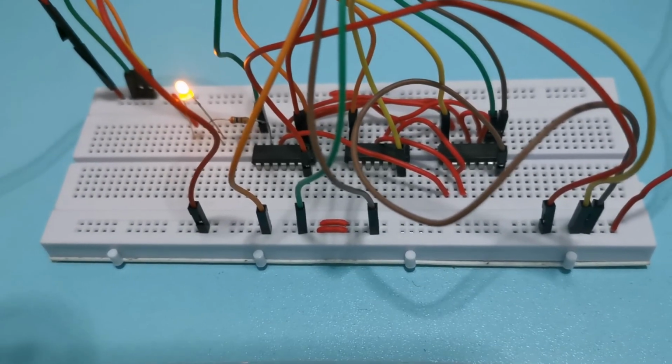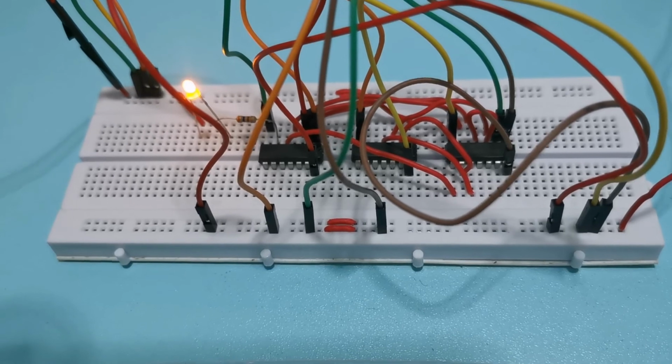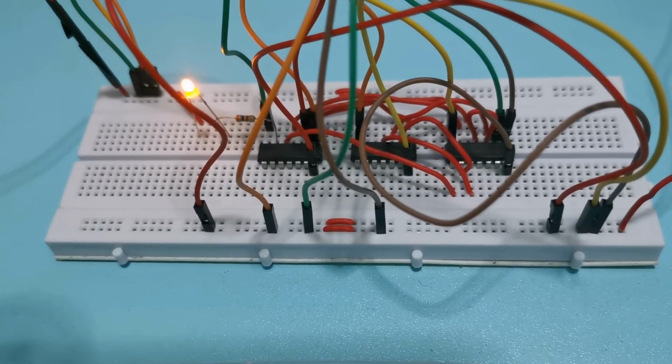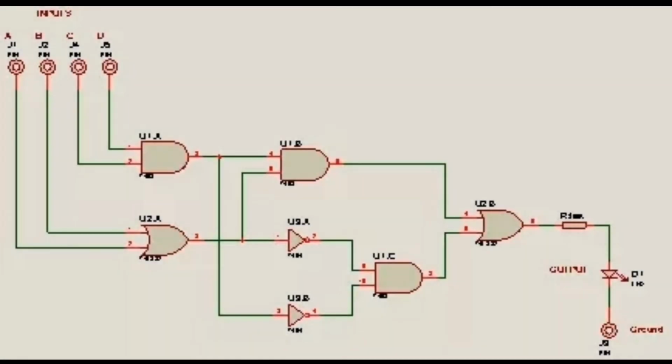The last combination of the basic logic gates, the AND OR NOT combination circuit. As part of the combination of logic gates, we will combine the three basic logic gates and follow this diagram to construct the circuit for the AND OR NOT combination circuit.